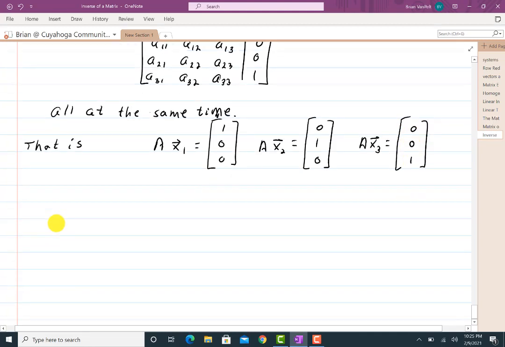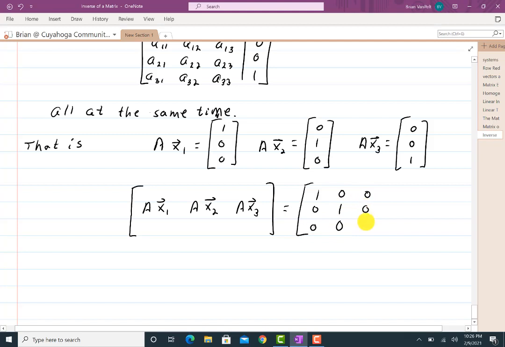That way, we can do Ax1, Ax2, Ax3 - these will be columns of a matrix - and that will equal 1, 0, 0, 0, 1, 0, 0, 0, 1.